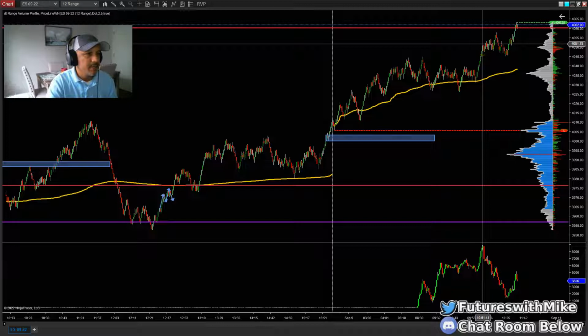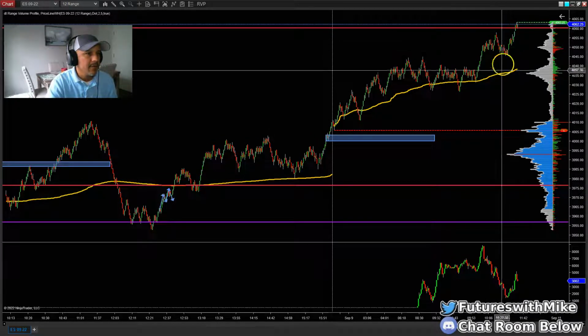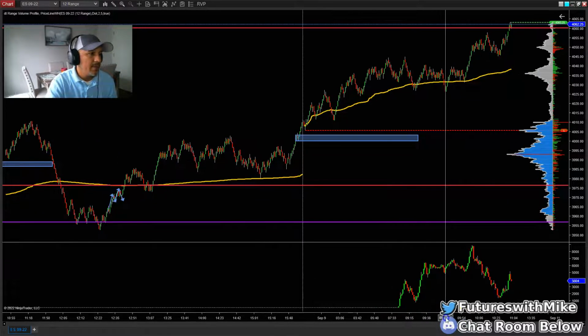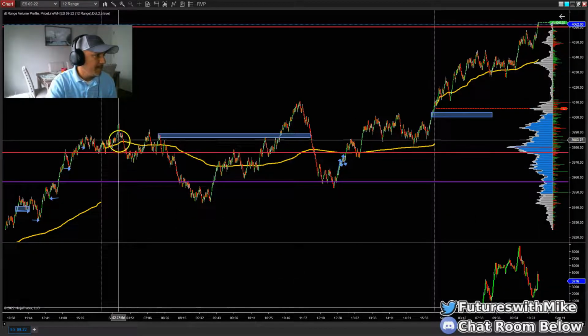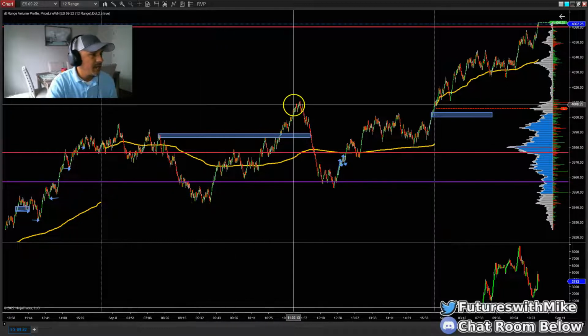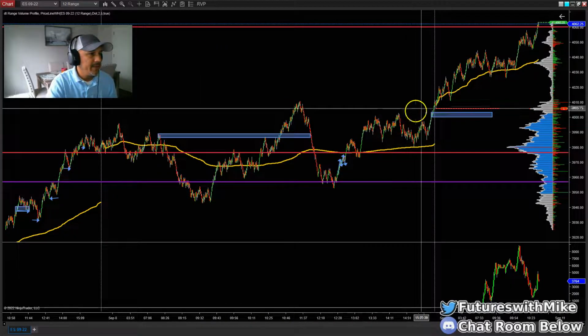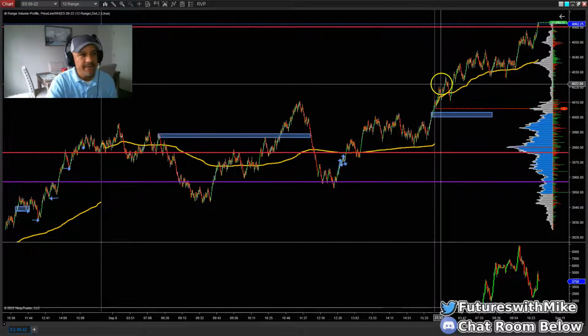So making new highs, higher lows, and chopping to the upside. Pretty much this whole session today, and even yesterday, we were just pushing up, with a deep retracement, pulling higher, another retracement, then moving sideways for a little bit towards the close of yesterday's session, and then moving higher.